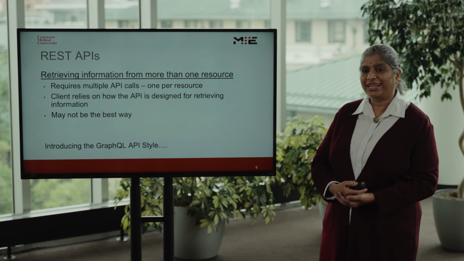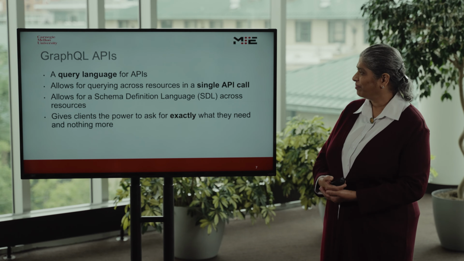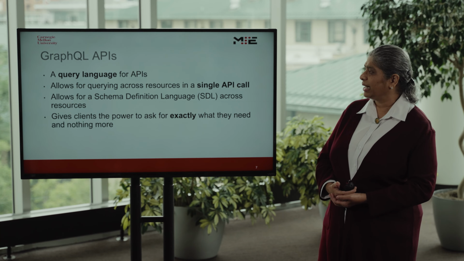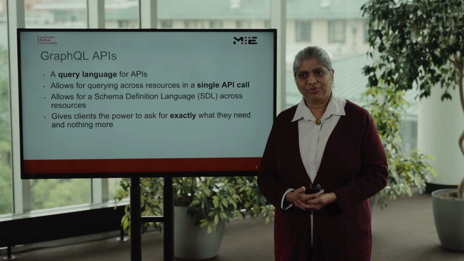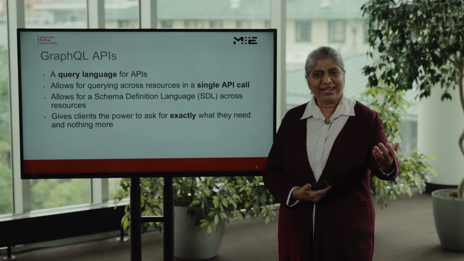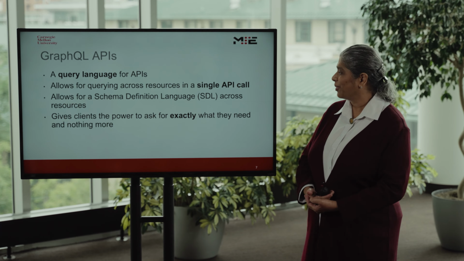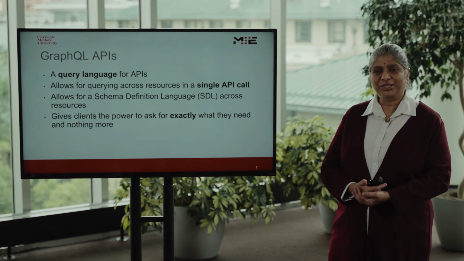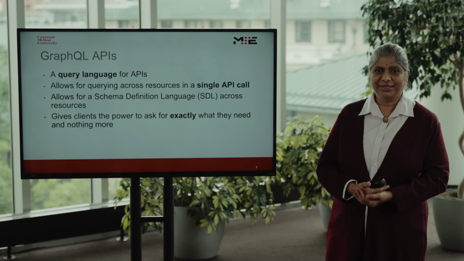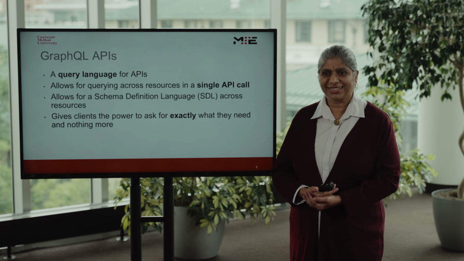So then, let's talk about GraphQL. GraphQL is a query language for APIs, just like query languages for a database. So you will need to define a schema just like you would do for a database.